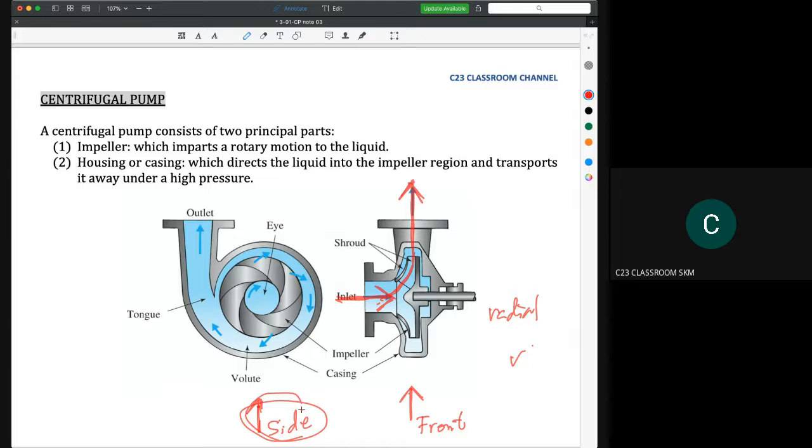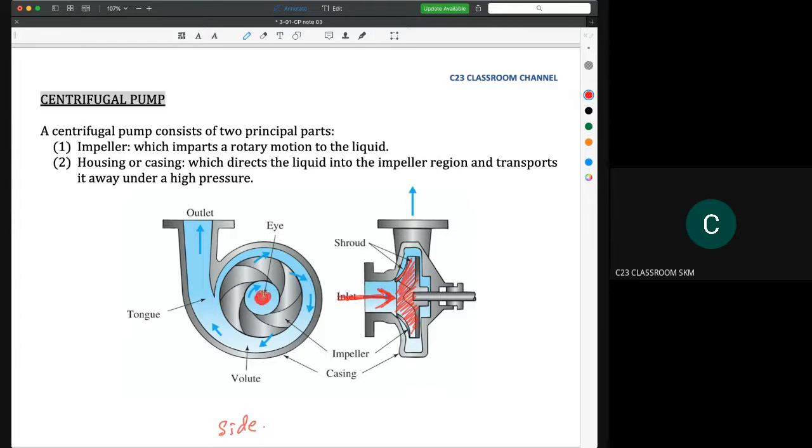So we go back to our side view here. As I said just now, the water will flow. The inlet is coming like this, which means it comes at the center of the blade. So this is the blade. If we see from the side view here, we find that the water will come from the middle here, from the center point here.